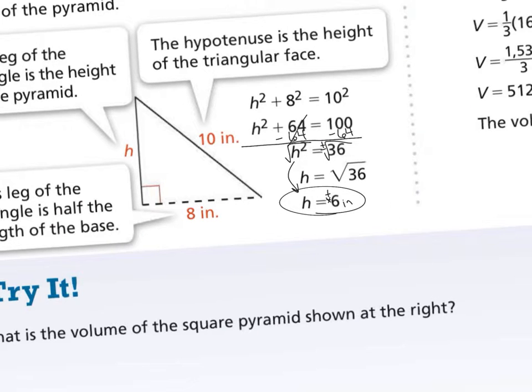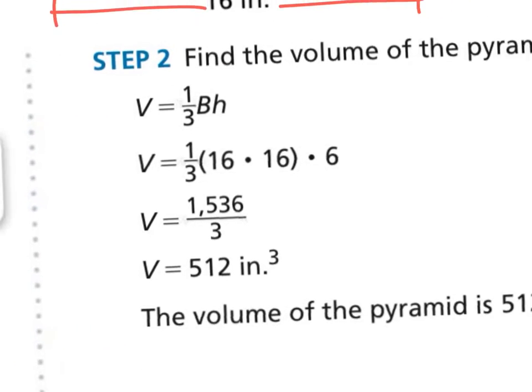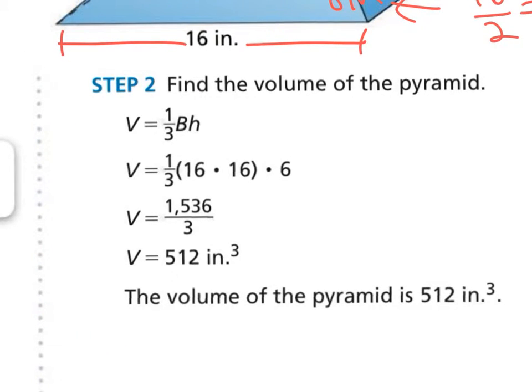Now that we know the height is 6 inches, we can go back to our formula. And again, you could say, well, our base is a square, which is a type of rectangle, so area of a rectangle is length times width.